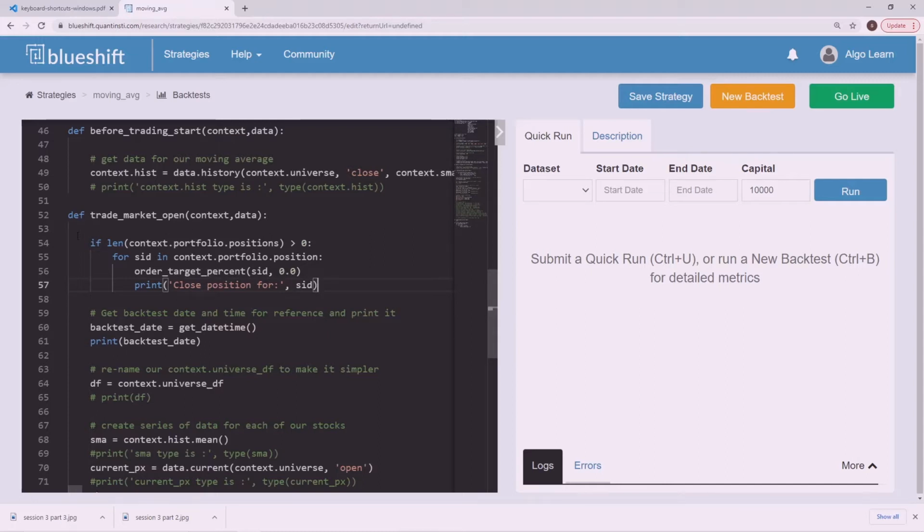It will print that for us. Past tense, so there's no question that we've closed it out. All right, so that's what we're going to be doing right at the start of the market open.